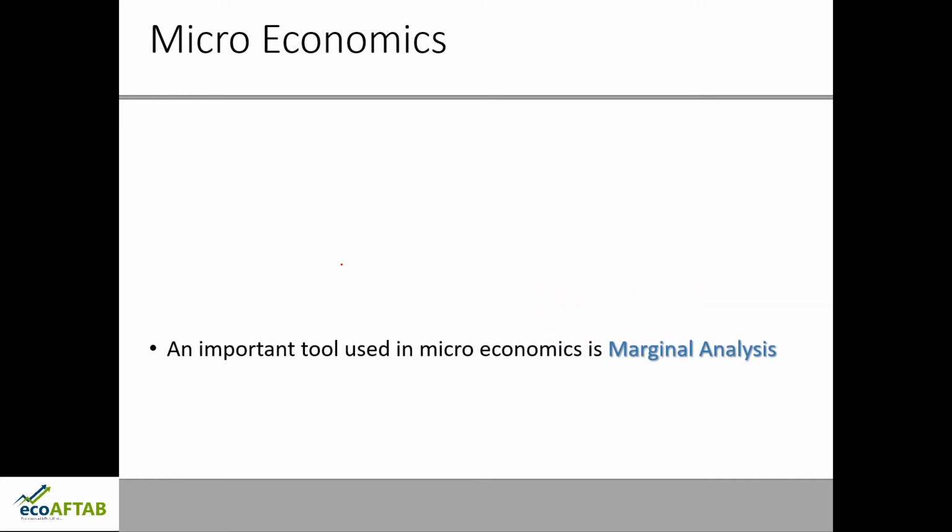And that is the reason, friends, microeconomic study is also called marginal analysis, because whenever we are studying microeconomics, we are trying to understand the concept of utility, and when we study utility, we deal with marginal utility. When we study cost, we deal with marginal cost. When we are studying revenue, we deal with marginal revenue.